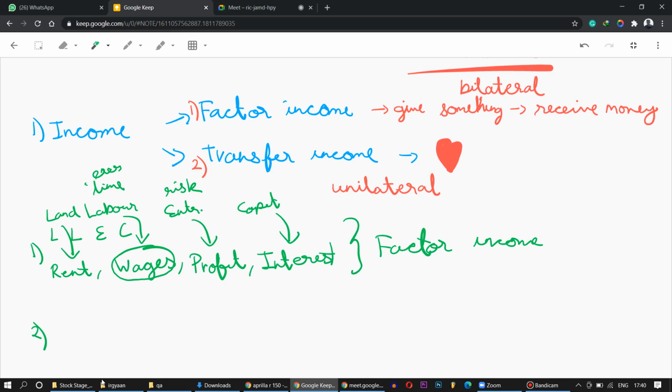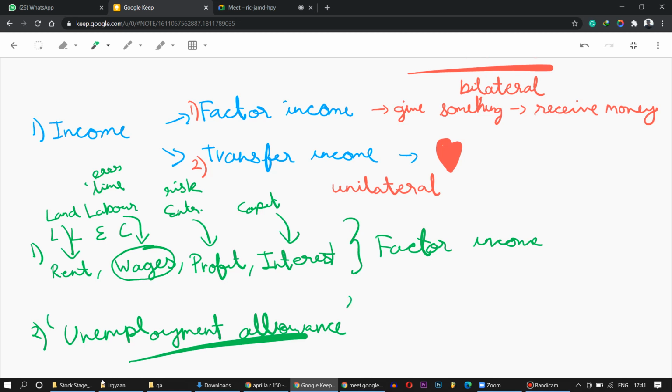So governments might have a scheme called unemployment allowance. If anyone is unemployed and has a good record, the government will give him some money to survive when they are unemployed, and that comes under unemployment allowance.